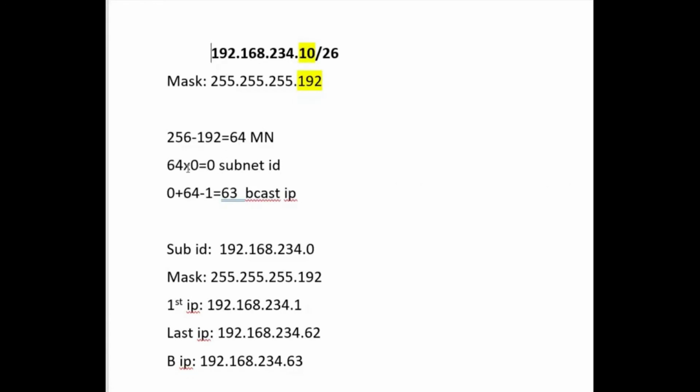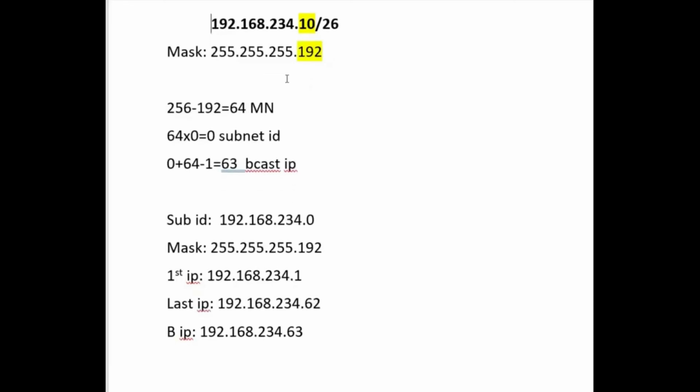But we need a value which has to be less than 10. So the only option we have is to multiply with 0. So you get the number 0, and this is our subnet ID. Now 0 plus magic number minus 1, we get 63, and this is our broadcast value.